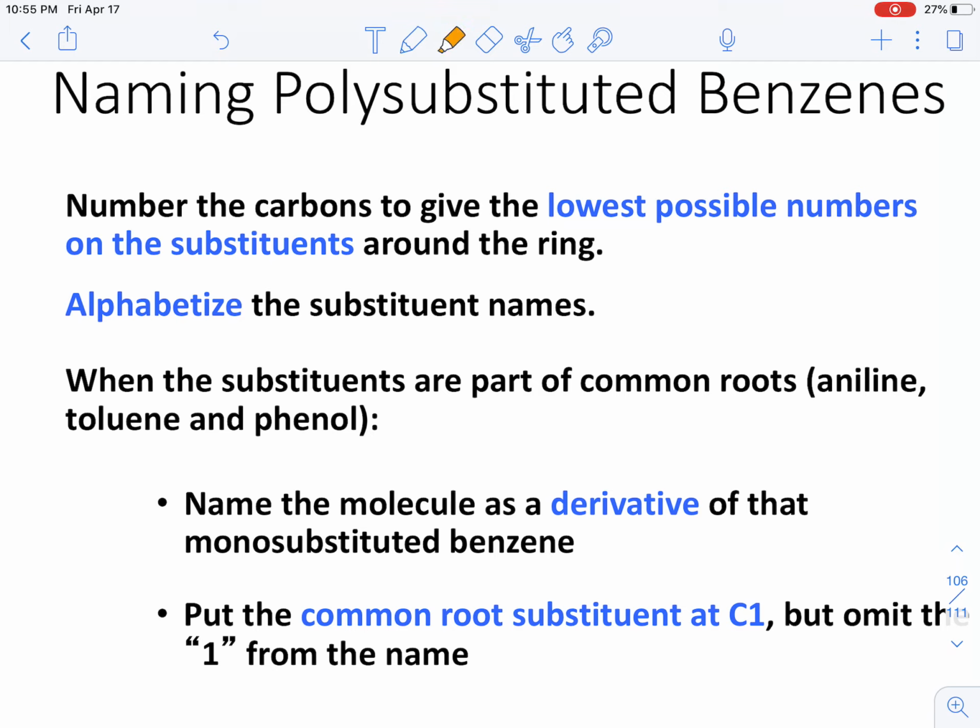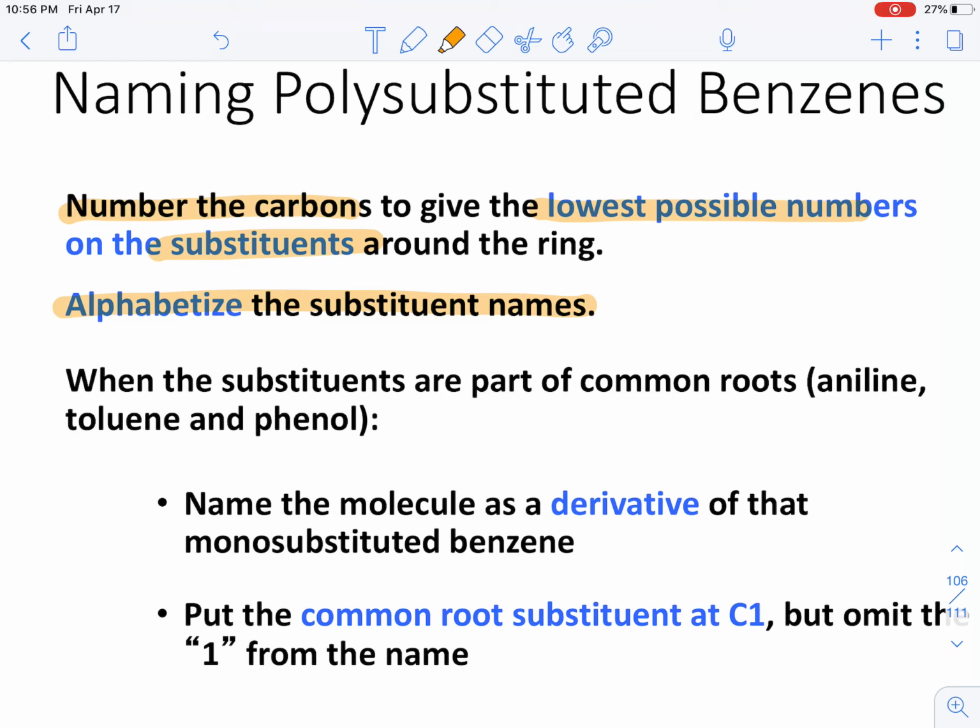So let's go through these rules or reminders. We want to number the carbons such that the substituents get the lowest possible number. And then when we name our aromatic compound, we're going to alphabetize the substituent names. So it goes in alphabetical order: A, B, C, D, etc.